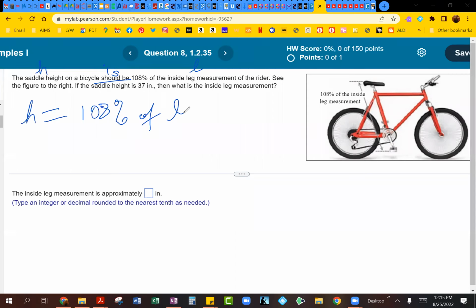We need to convert that 108% to a decimal. So what will that be as a decimal? Yes, very good. We always convert percentages to decimals when solving these types of examples. So your equation will come out to be H equals 1.08 times L.